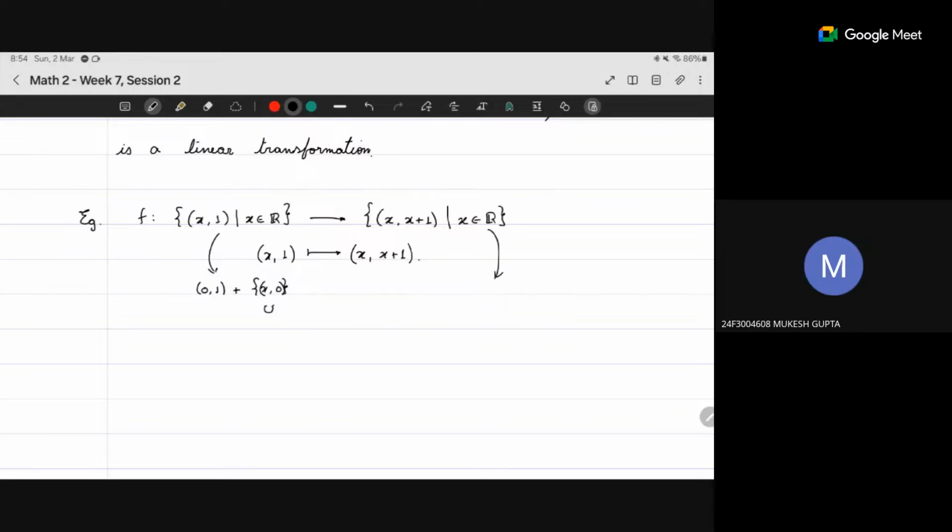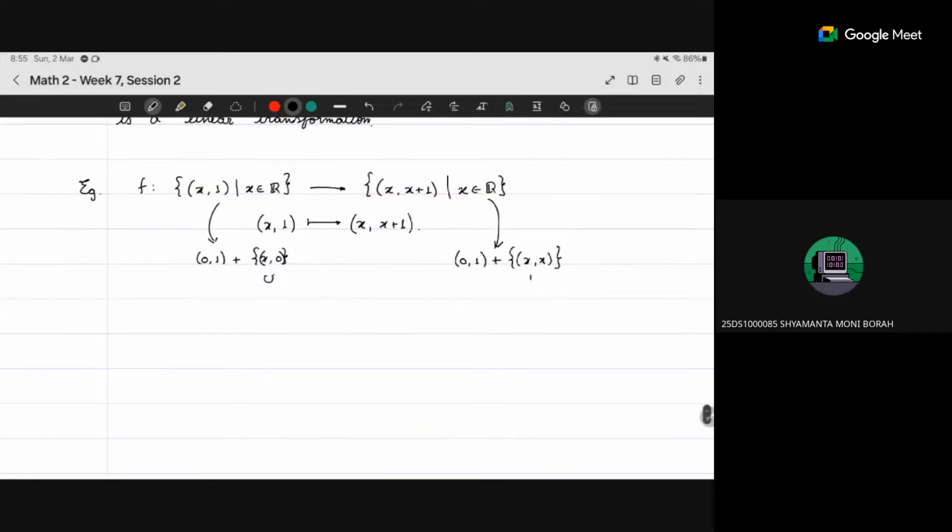And what is f of v? 0 comma 1 goes to 0 comma 1 itself under this map. So this is 0 comma 1 plus x, x. So this is your U prime or U2. Let me call this U1. This is U2. Now I define a map from U1 to U2.